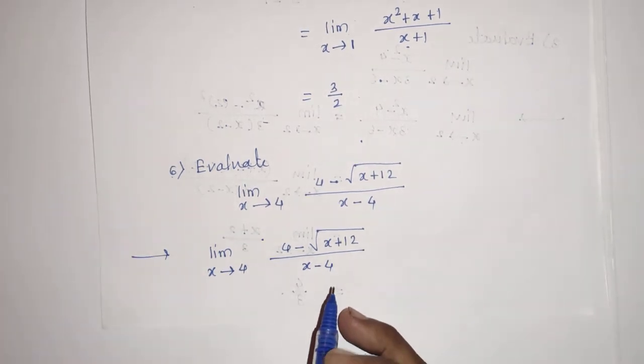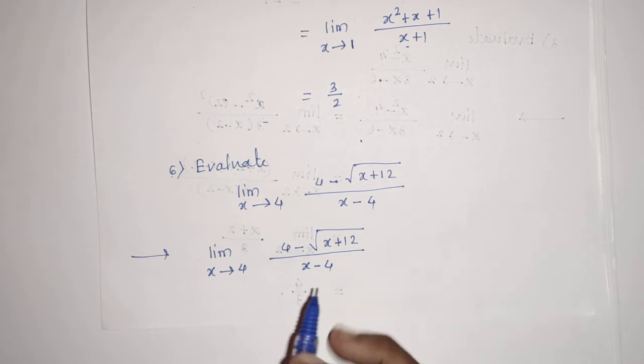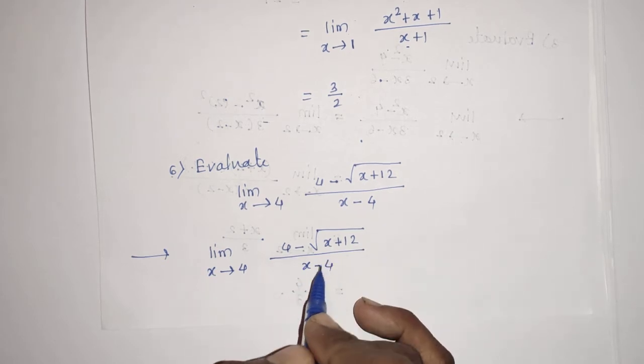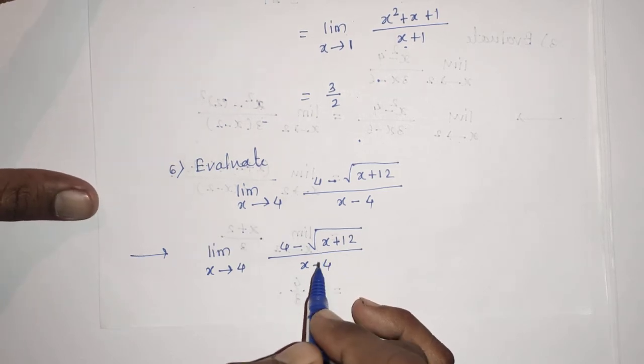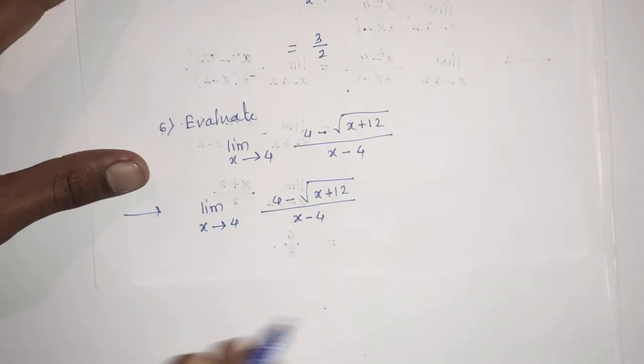Again the denominator, 4 minus 4 is 0. So 0 by 0 form. So here we have to do the rationalization by numerator, that is the calculation.